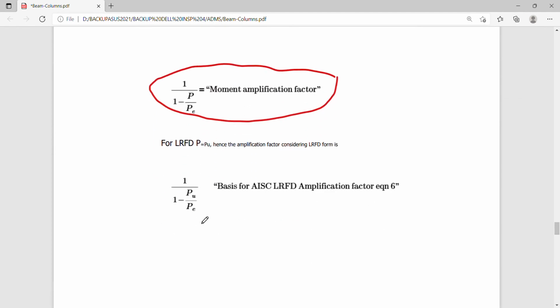For LRFD, your P can be substituted in terms of PU, hence the amplification factor considering LRFD form is simply this one. But this is not yet the exact formula to be used on some conditions, but this is already the basis for the AISC LRFD amplification factor, which is equation 6 of this lecture.